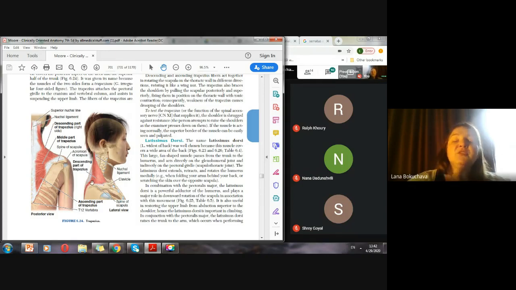So do you see? It's like making a small turn anteriorly, so from the posterior side it goes anteriorly and makes a small turn here.